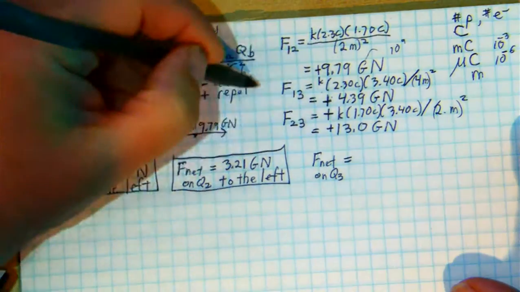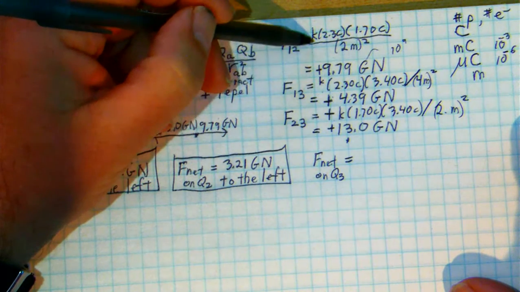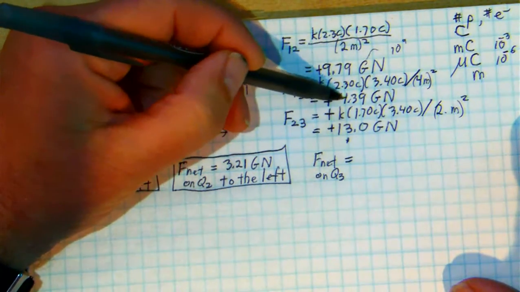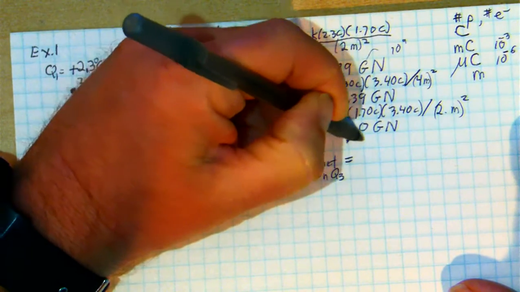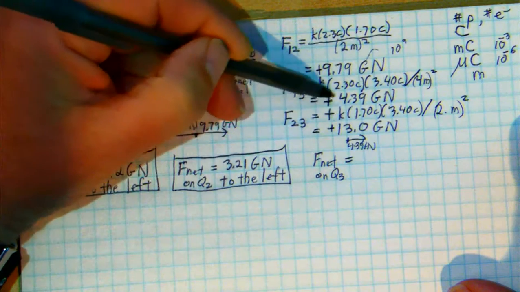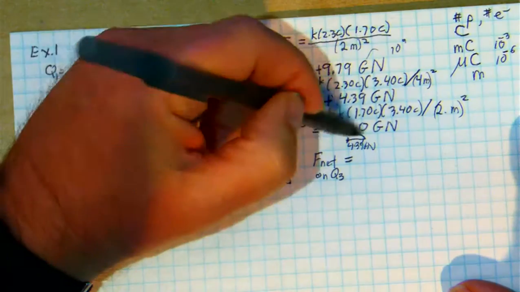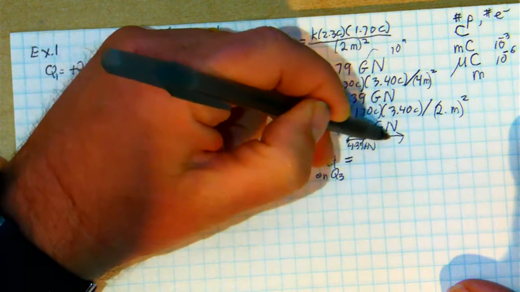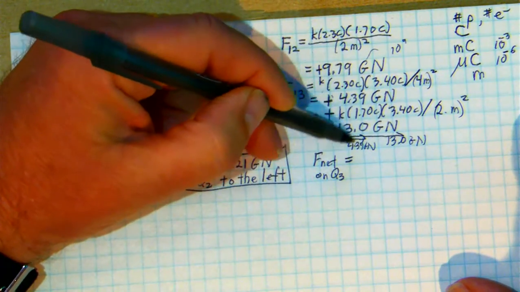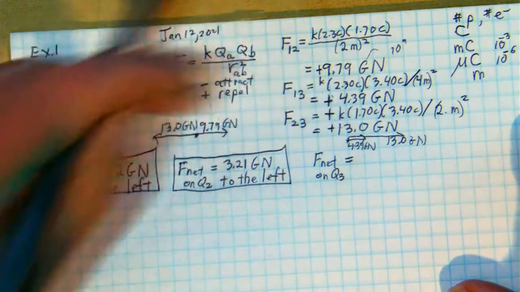If I do a little sketch, I have Q1 pushing Q3 to the right with a value of 4.39 giganewtons. I have Q2 pushing Q3 to the right with a value of 13.0 giganewtons. These are both pushing Q3 to the right, so these two forces add together.